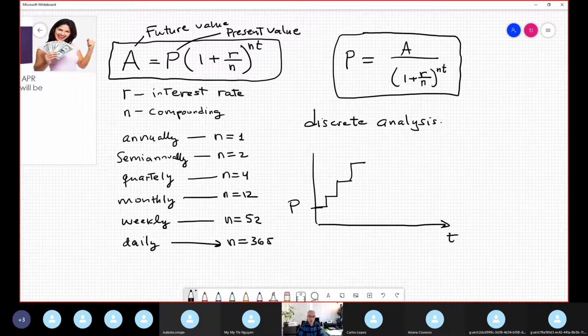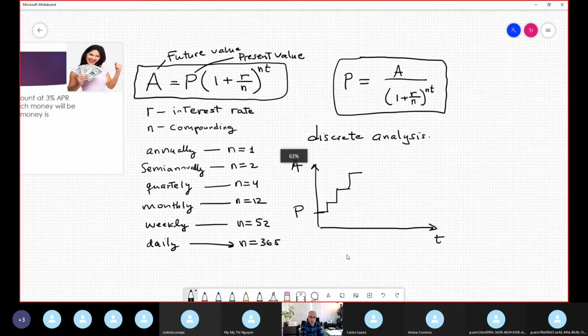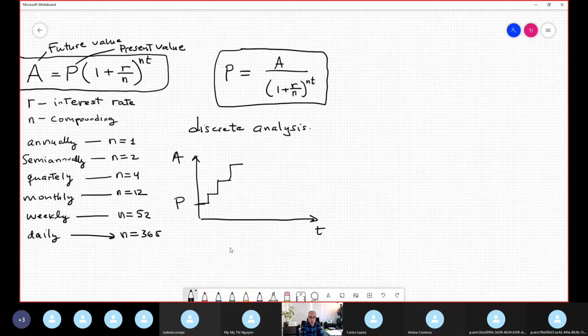However, sometimes we have no information, or the period is too small. For example, in the stock market, the stock price changes in 5 minutes.